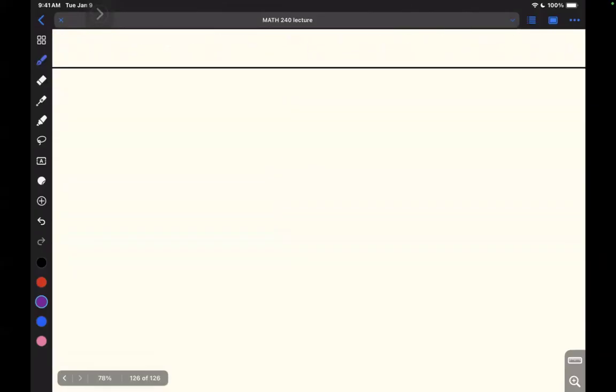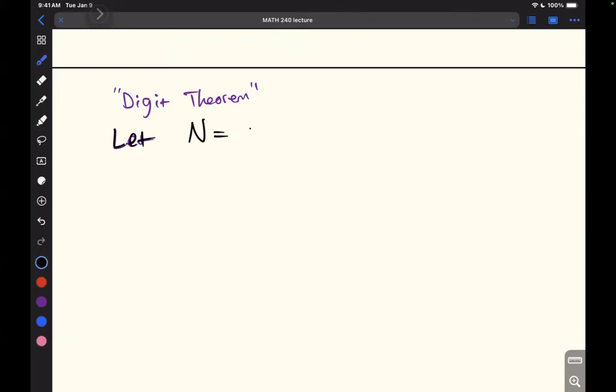All right, let's talk about this section, which is called divisibility rules, but I am giving this the very, very unofficial name, the digit theorem, which is: let n be some number where we write the digits as a sub n minus 1 and then so on and then a1 and a0.